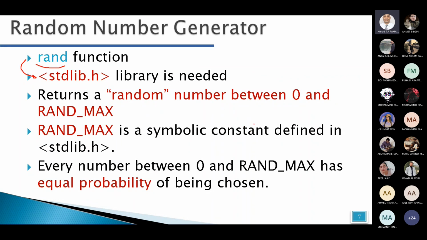This value could be an integer, or even a random character or something like this. We can use this random function to generate a number from 0 to RAND_MAX. What is this RAND_MAX? It's a constant value from this library. It's a huge number, yes.